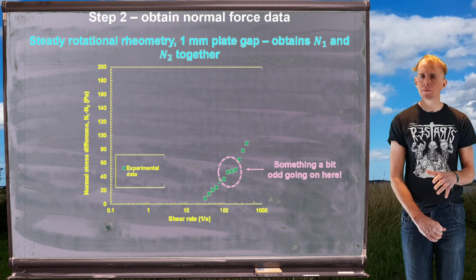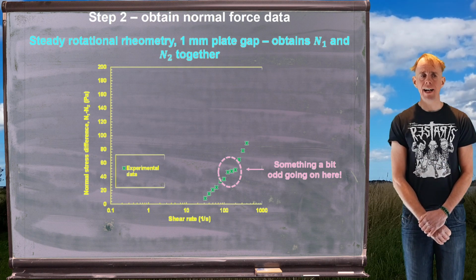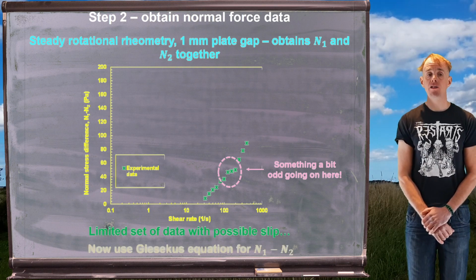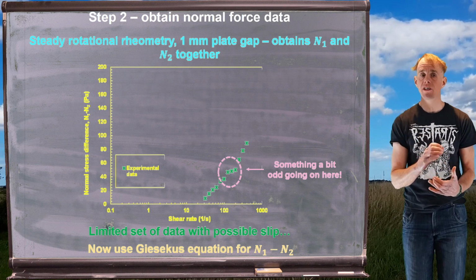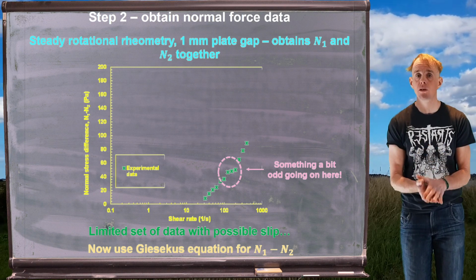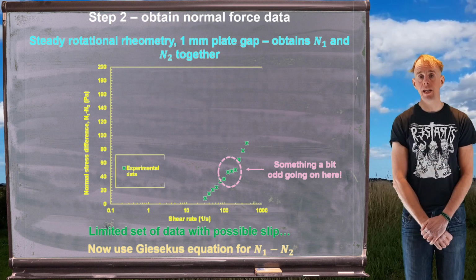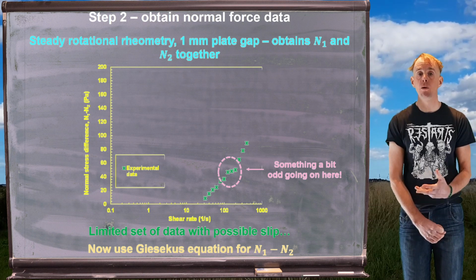And we can see again there's something a little bit strange going on around 100-200 reciprocal seconds. And almost certainly what's happening here is a little bit of slip. And so at these higher shear rates, the polymer's not quite attaching to the plates. It's slipped a bit, and so the force that we measure is a little bit less. Again, repeat experiments in this region would be very beneficial to help us get a better quality set of data.